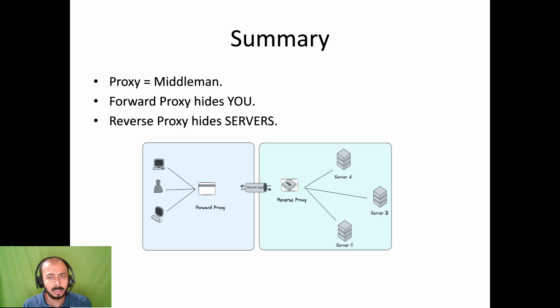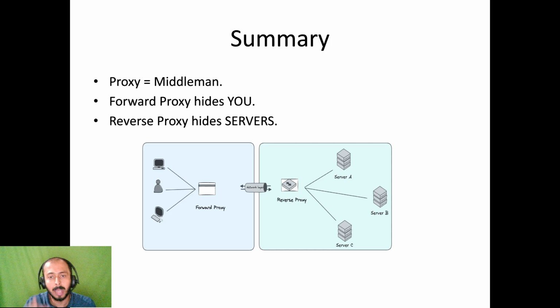We'll just summarize what we have learned in this session. A proxy is something like a middleman. As I said, a proxy sits between you and the internet, so that the server doesn't know the client IP. A forward proxy will hide your IP, and a reverse proxy is the opposite to that.